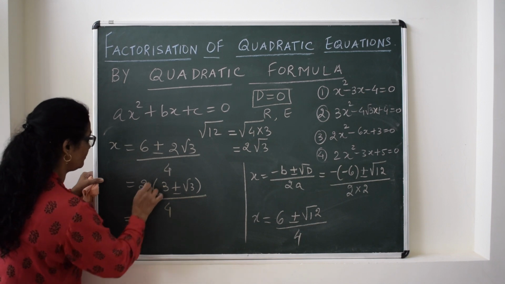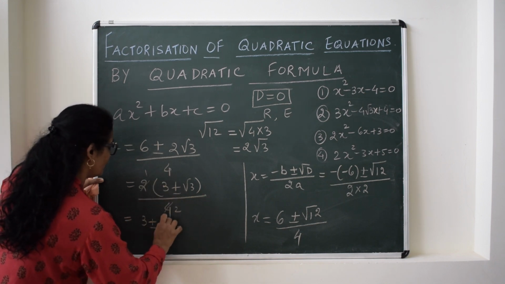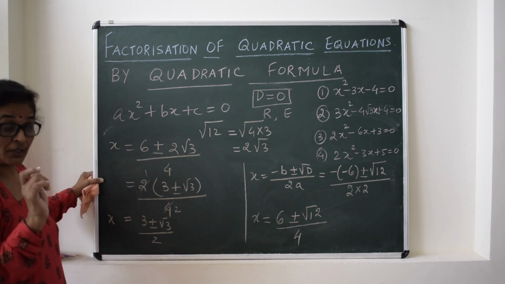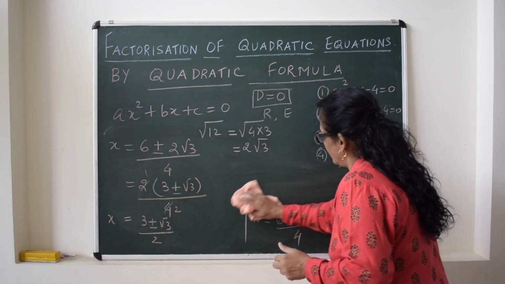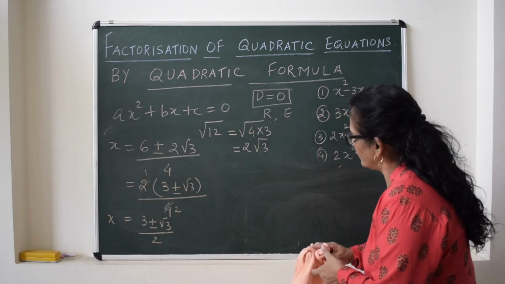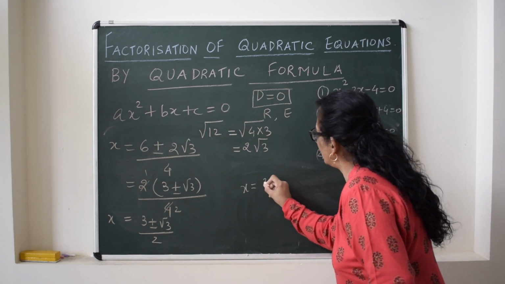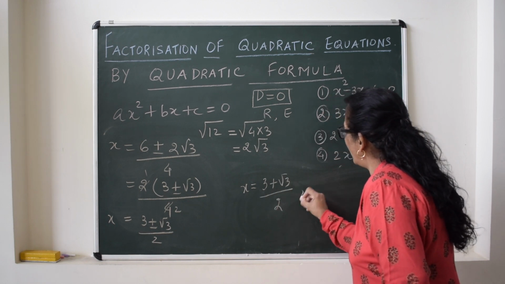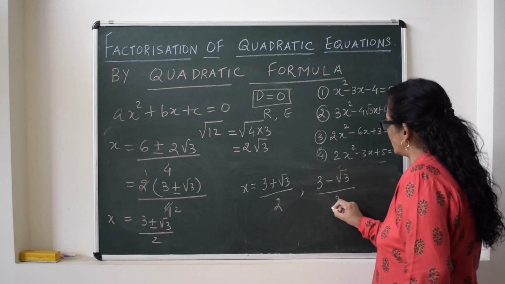So ultimately the two roots of the quadratic equation will be, the first value x is equal to 3 plus root 3 upon 2 and second value will be 3 minus root 3 upon 2.